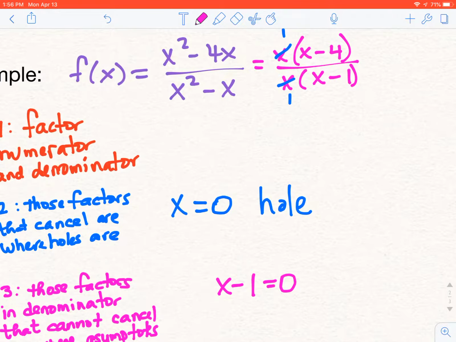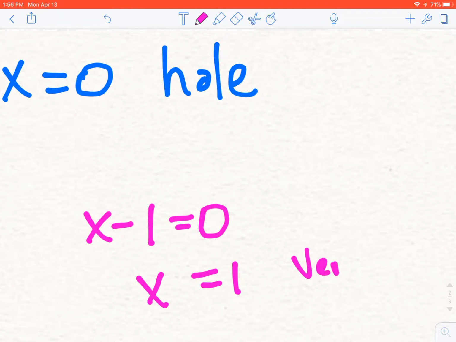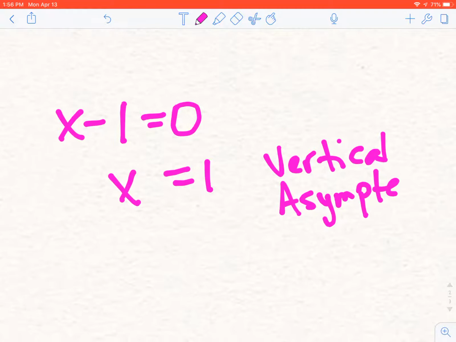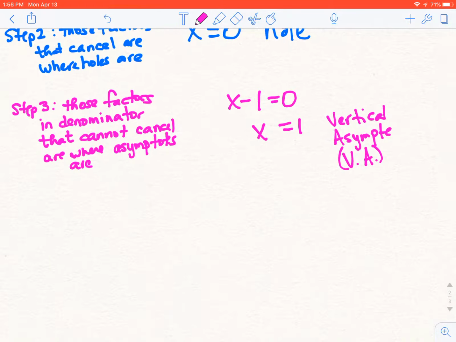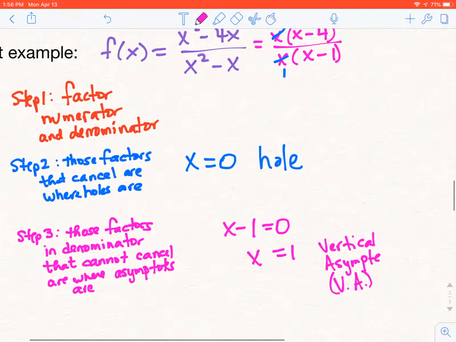So add 1 to both sides, so x equals 1 is a vertical asymptote. Now, that's a lot of irritating writing, so from now on I may just do VA for vertical asymptote, HA for horizontal asymptote, which we'll talk about in another video. Okay? So, there you go. Holes, they cancel, and asymptotes, they don't cancel.